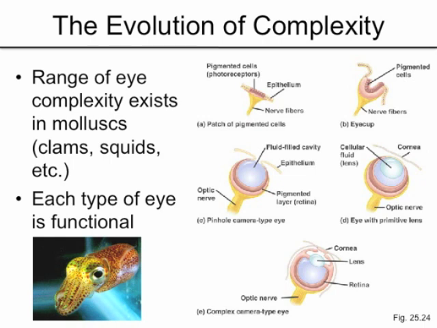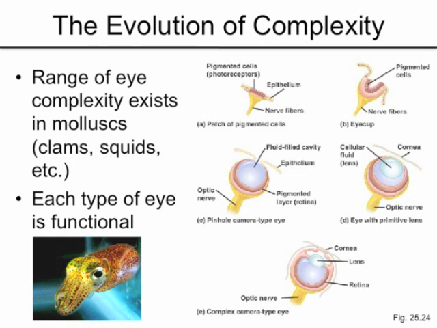There are organisms that don't have eyes like us, but they do have patches of cells that can respond to light. There are even single-celled organisms like euglenoids that have what we sometimes call eye spots, but they really are nothing like our eyes.